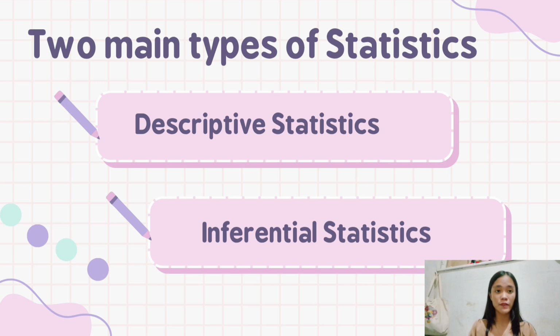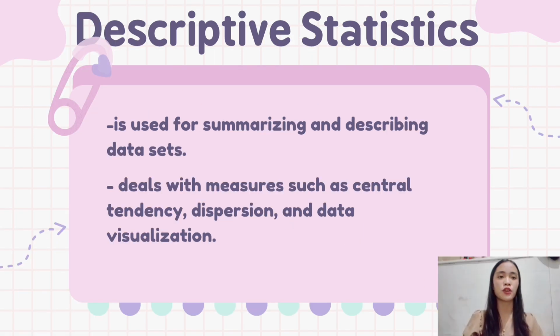There are two types of statistics. The first one is the descriptive statistics, and the second one is the inferential statistics. The purpose of descriptive statistics is to provide a clear summary of the data collected. The scope of this one is limited to the data at hand and does not go beyond the data sets.